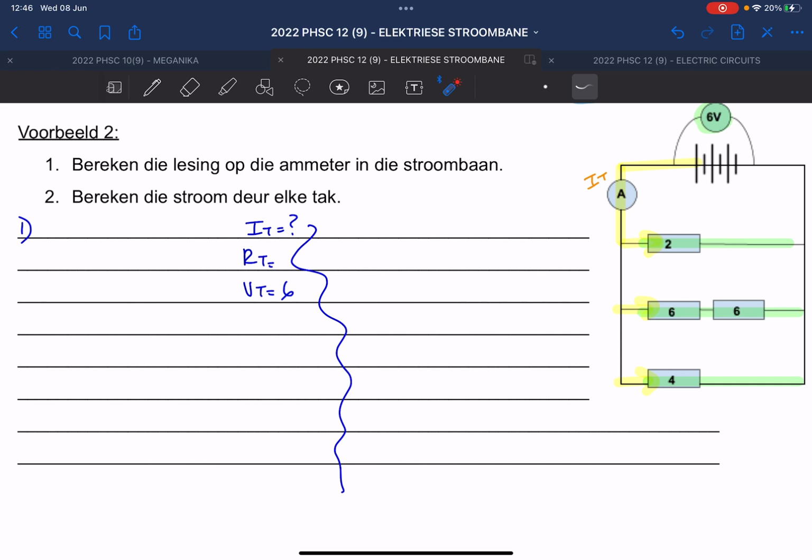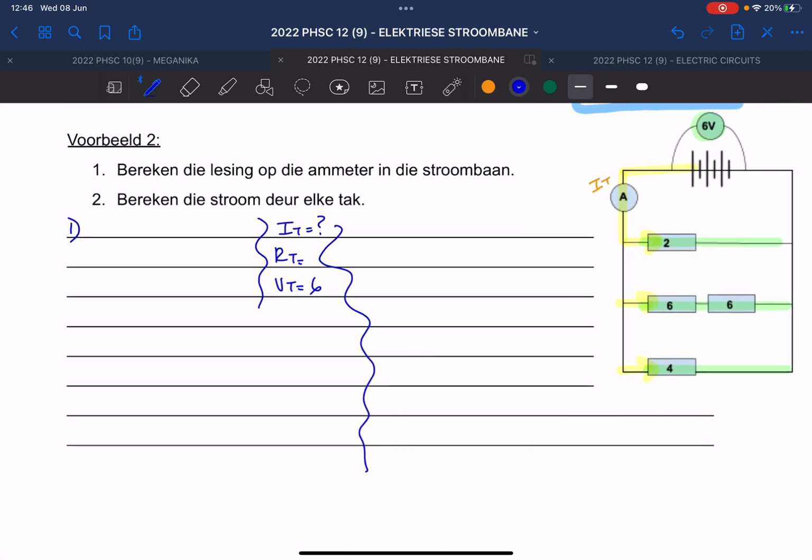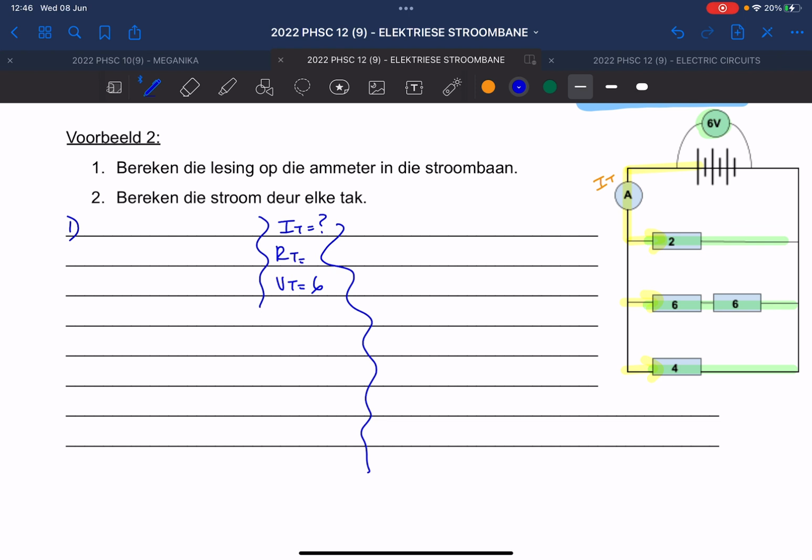Okay. Else, for the total resistance, can I say 2 plus 6 plus 6 plus 4? No, why not? Then parallel. So you have to do the weird parallel thing. Lepelo, how many branches are there? 3 branches. So you are going to say 1 over 2 plus 1 over 12 plus 1 over 4.